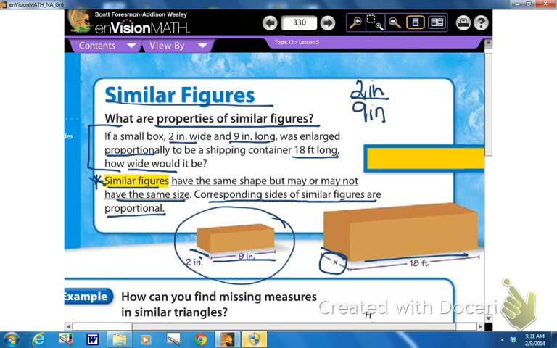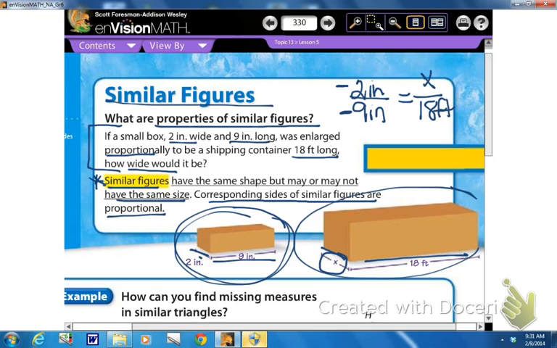We have this proportion, and notice this is width on top to length. We don't know the width, but we do know the length of this one. So these two boxes, their ratios are going to be proportional. These corresponding sides of similar figures are proportional.